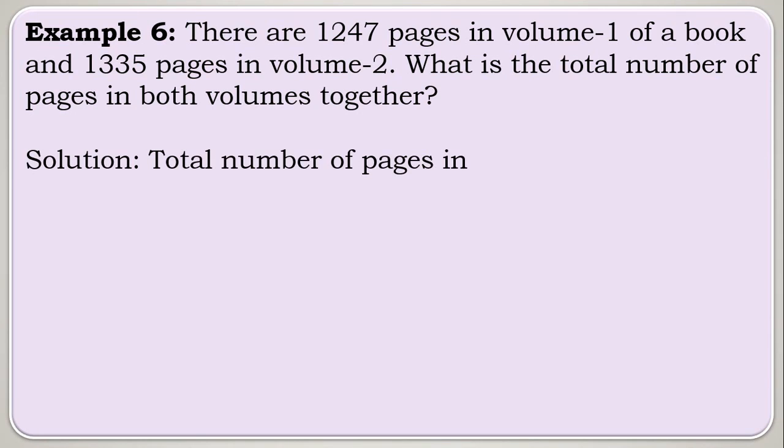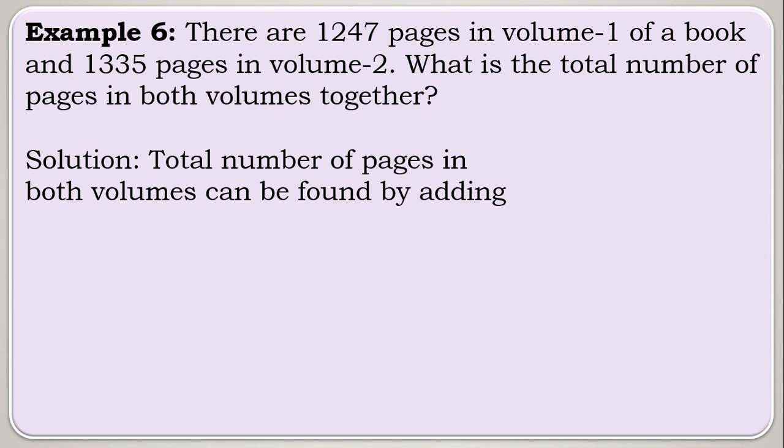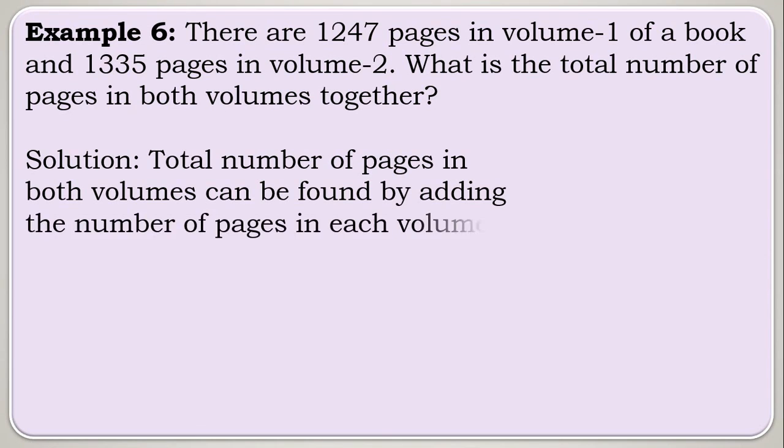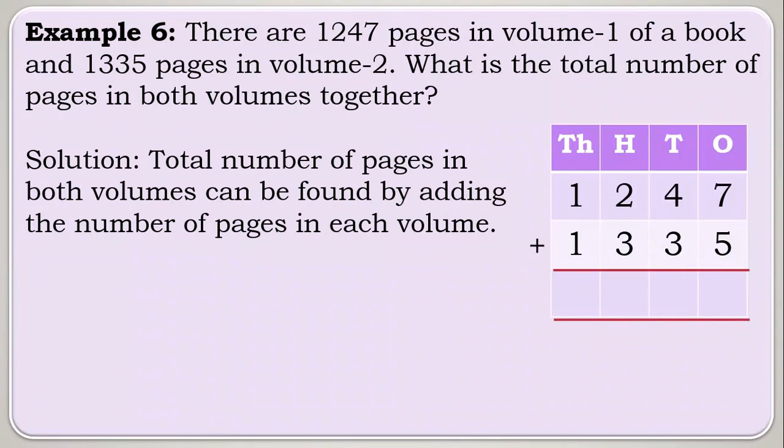Let us find. The total number of pages in both volumes can be found by adding the numbers of pages in each volume. Let us write down the number of pages in both the volumes in the place values table as shown here. 1247, 1335, one below the other according to the place values.